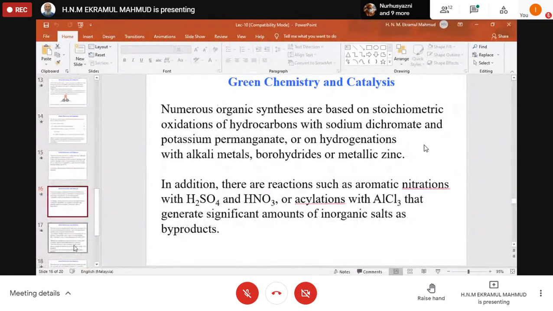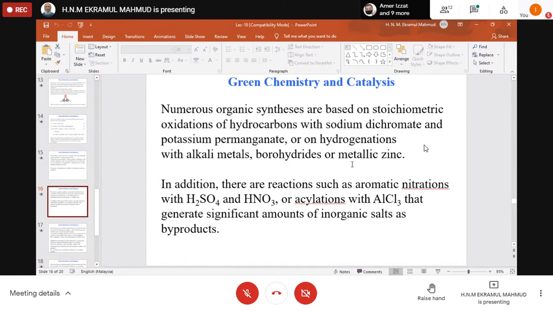Okay, so numerous organic syntheses are based on stoichiometric oxidation of hydrocarbons with sodium dichromate and potassium permanganate, or on hydrogenations with alkali metals, borohydride or metallic zinc.